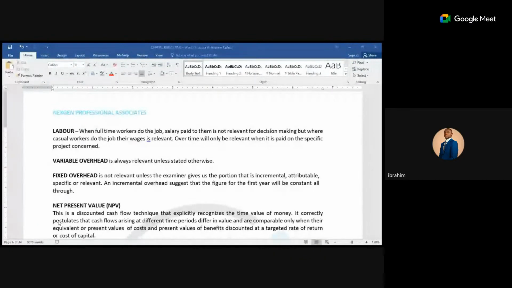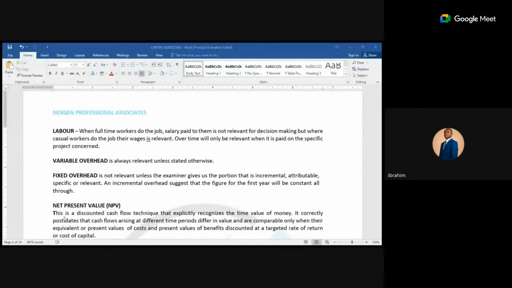Now, variable overhead is always relevant unless stated otherwise. Fixed overhead is not relevant unless the examiner gives the portion that is incremental. Meaning that if the fixed overhead given to us is incremental, it is relevant.